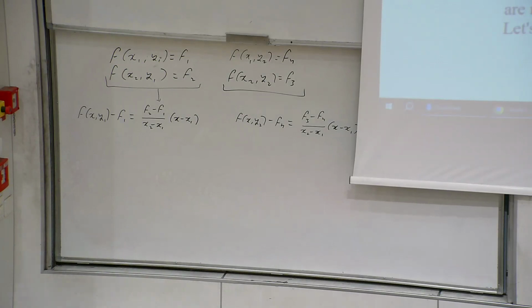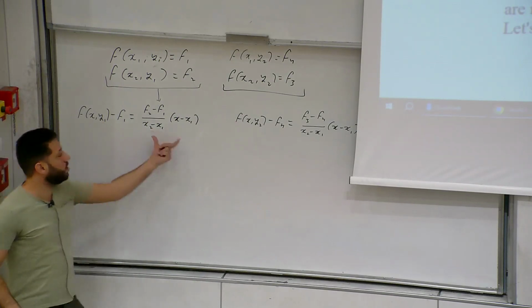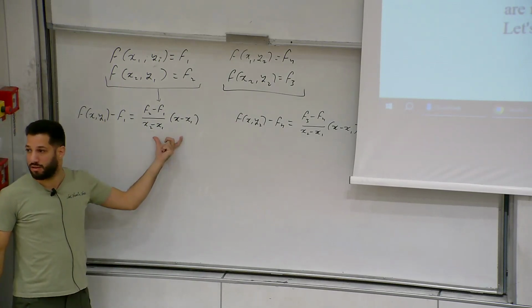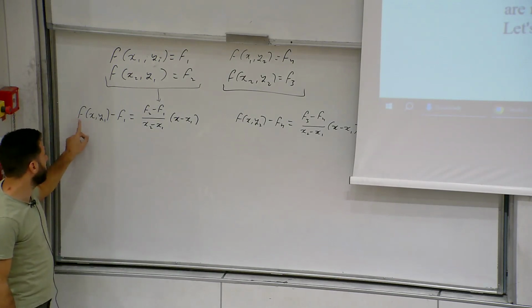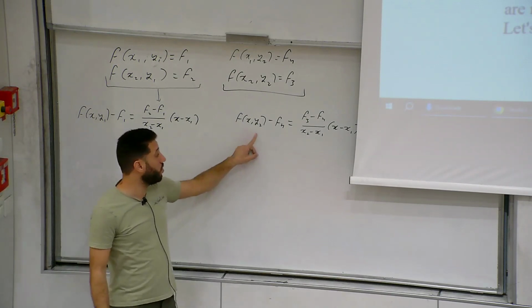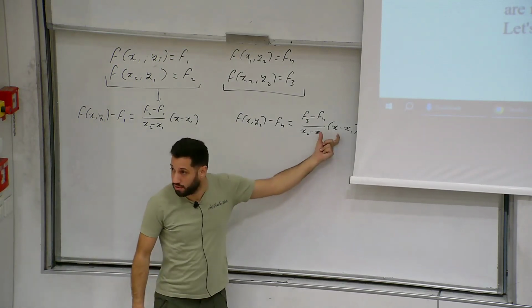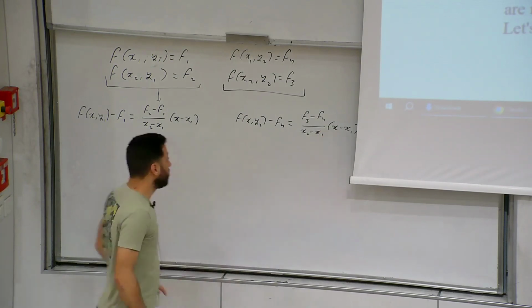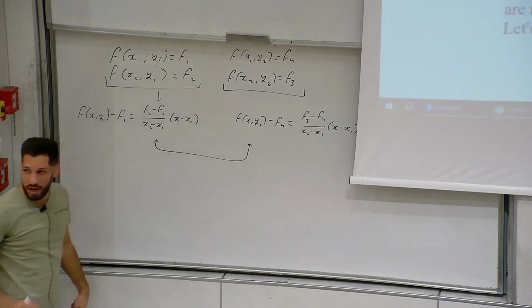Now, we have, for y1, a value of the function, which we call f of x, y1. And we have for y2 another value of the function, f of x, y2. So how do we interpolate these two in y now?